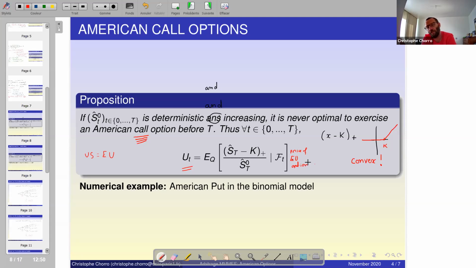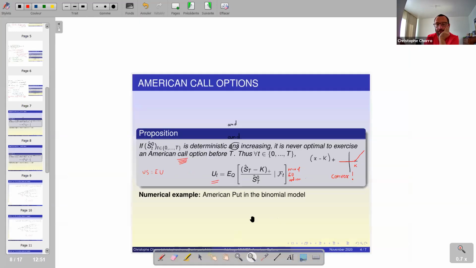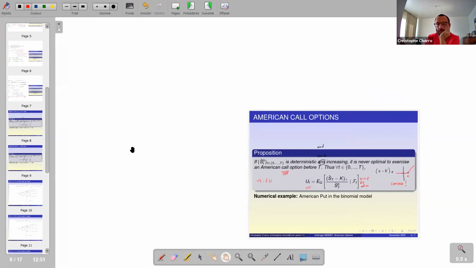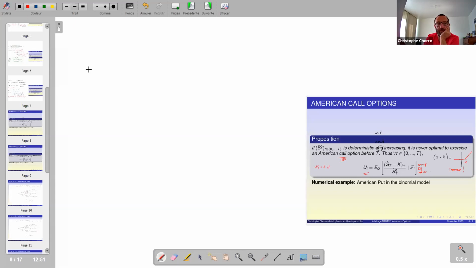You will see that the key argument will be a convexity argument. So let's do the proof of this proposition. It's not that complicated if you have in mind that convexity is what you are going to use.